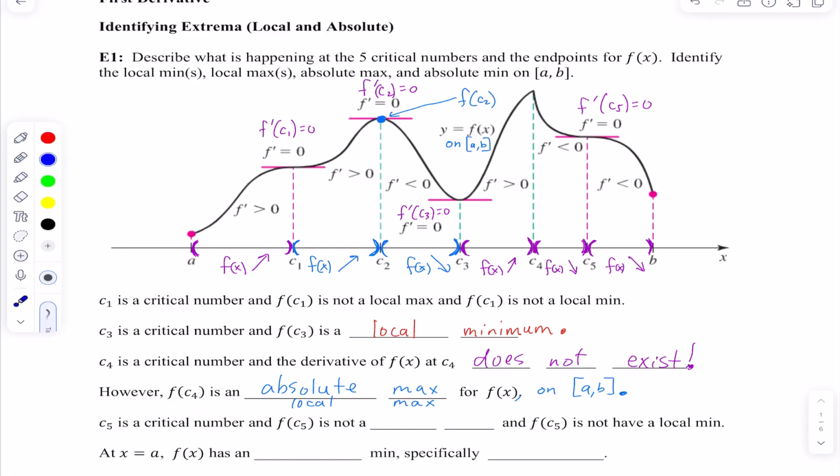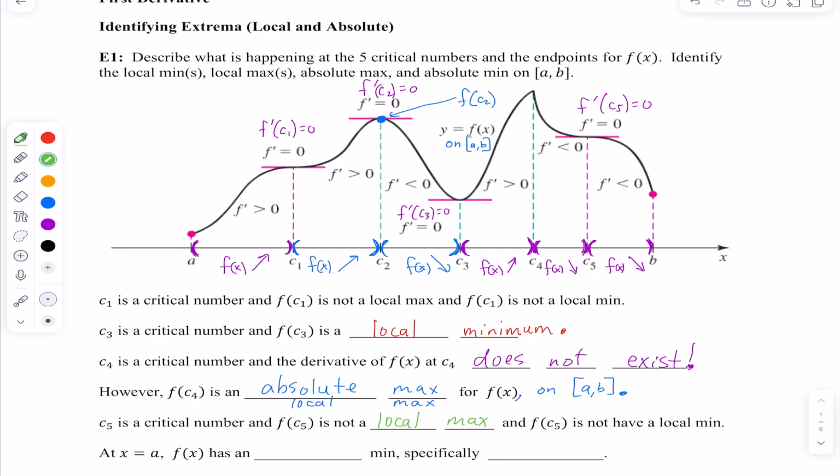C sub 5 is a critical number. However, it is not a local what? It is not a local min. Oh, it's also not a local max.